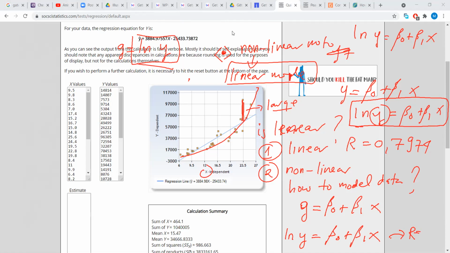I just paste the. Wait. Okay, no problem. And here. Then copy, right? Copy. Paste.